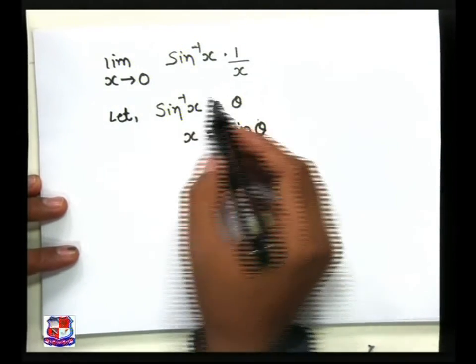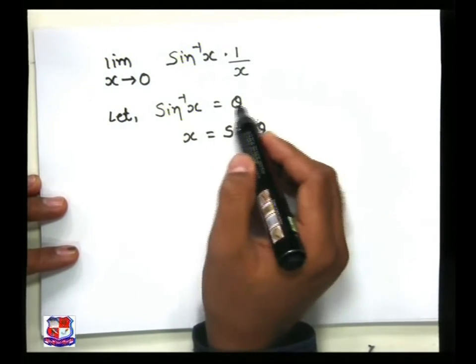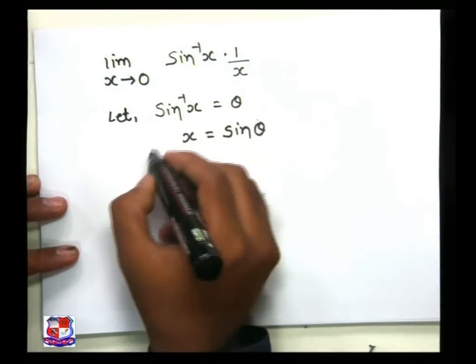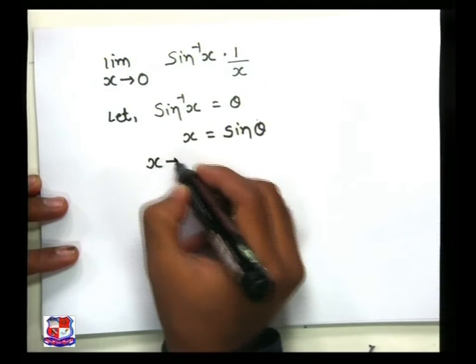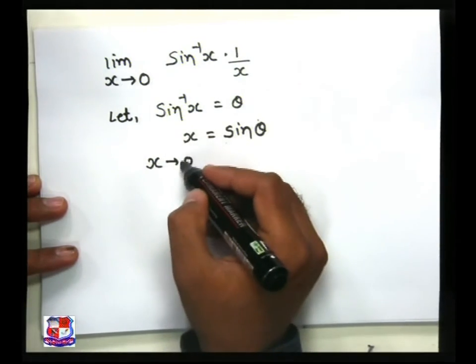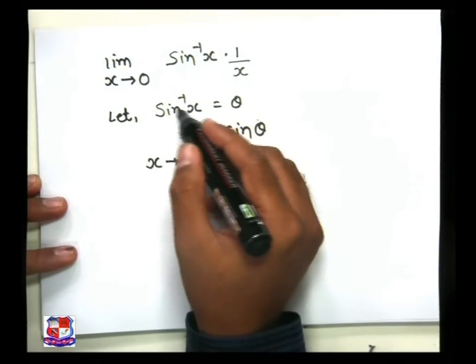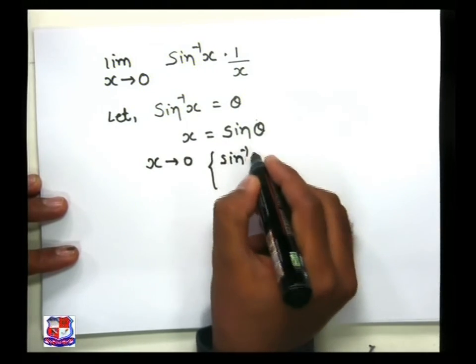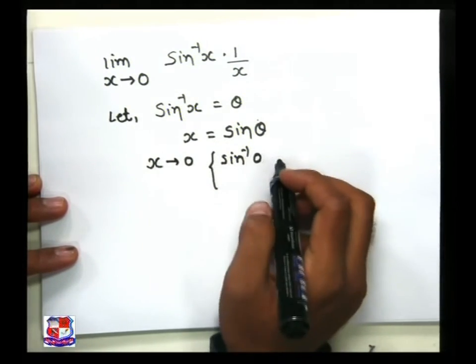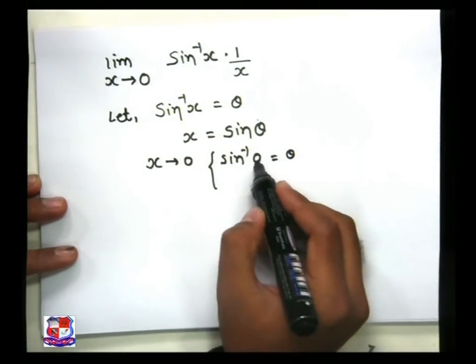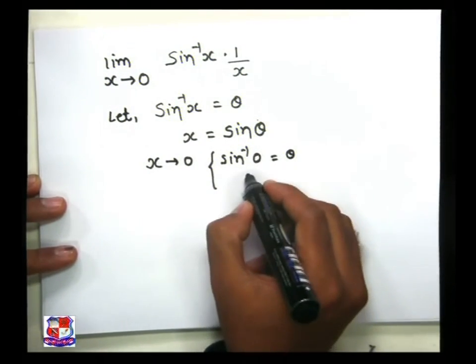Same way, if we change the x and convert into theta, then our limit must be changed. When x tends to 0, then now put the value here: sin inverse 0, we get sin inverse 0, which we call equal to theta. At which angle does sin become 0?